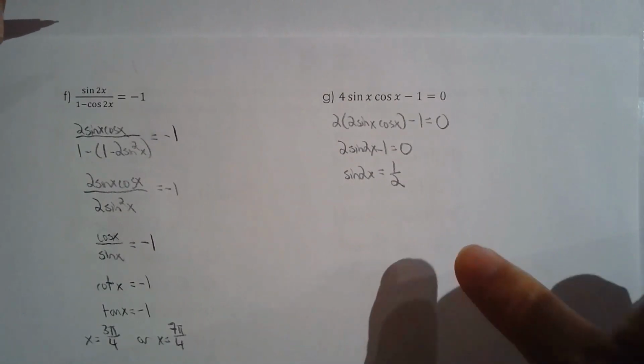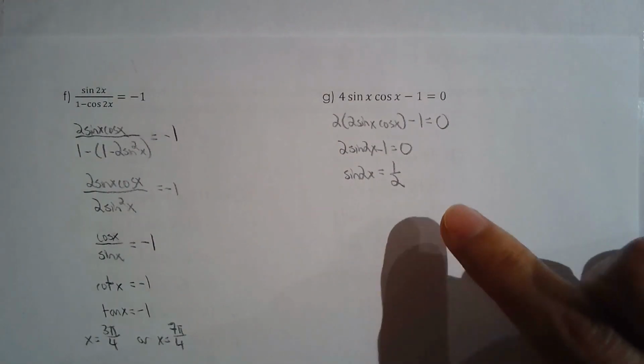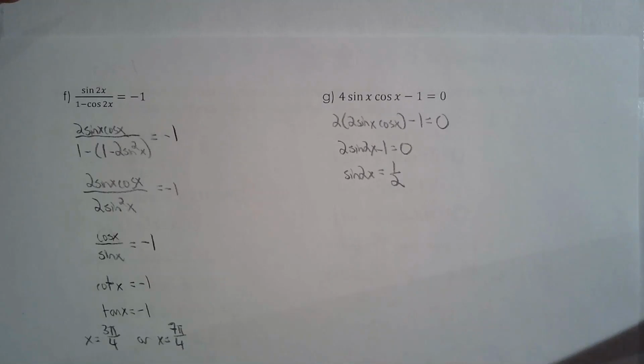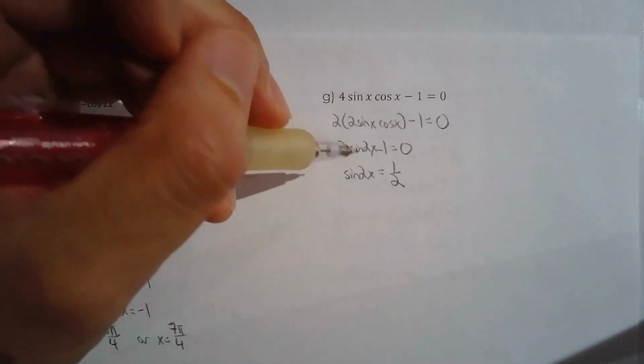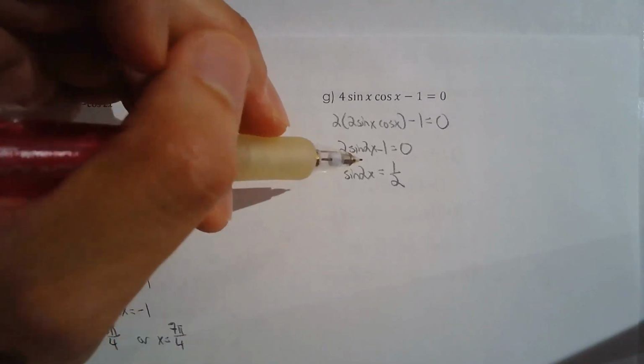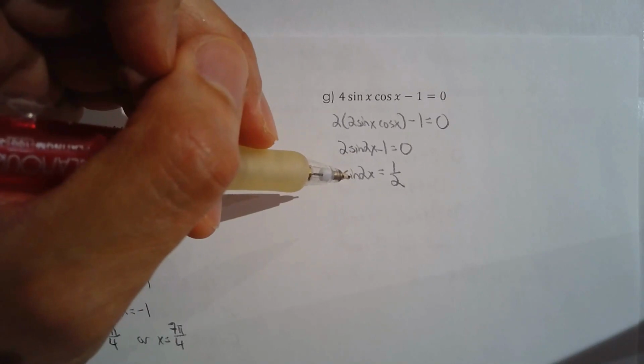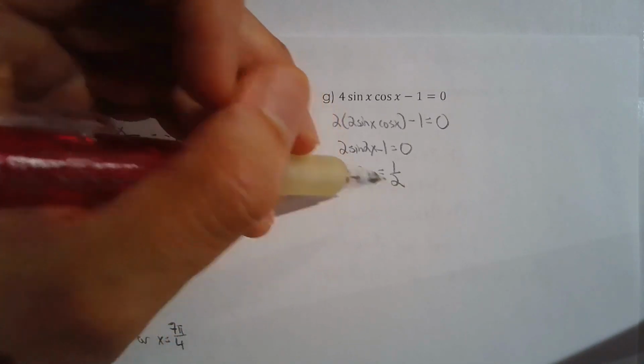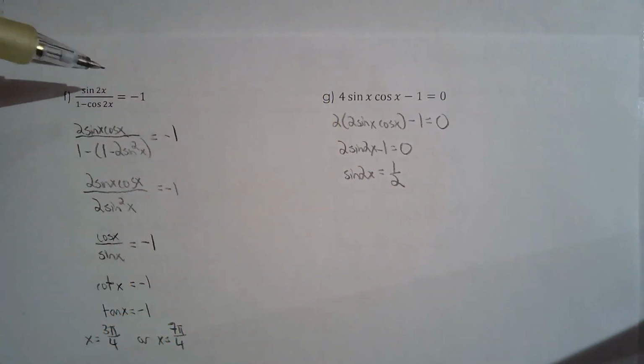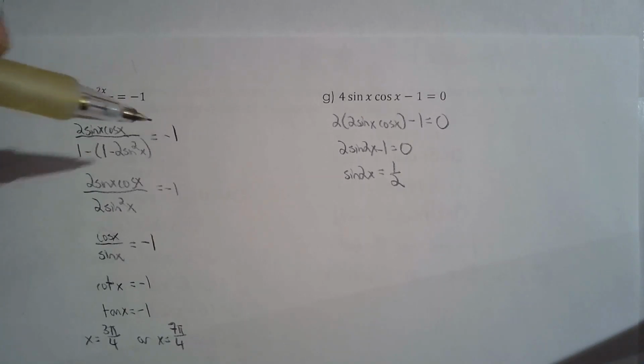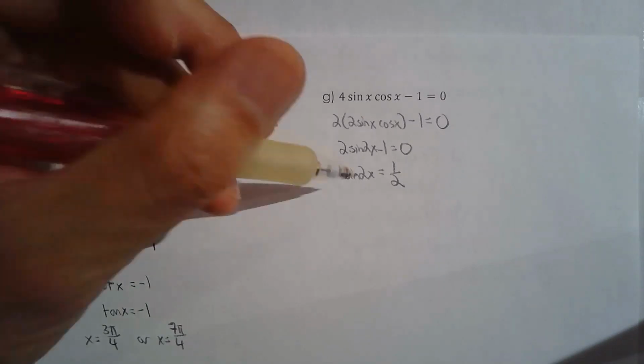Now I'm going to pause for a second, and I really want you to take a look at what I wrote here. Sine 2x equals half. How many answers do you expect to get from this equation? If you can only accept the solutions when x is from 0 to 2 pi, then how many answers should you get?